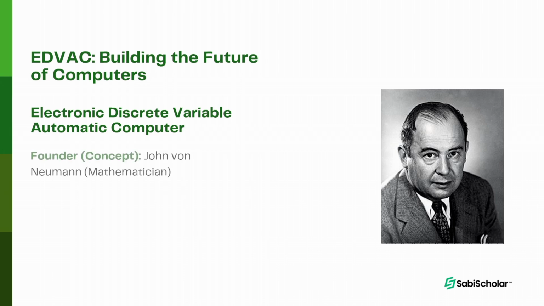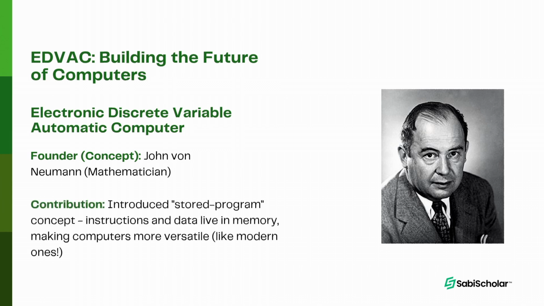So the founder is actually John von Neumann, who was a mathematician. And he's the one that founded the concept, not actually the one that made the machine itself. So what were the contributions that EDVAC was able to make? The EDVAC was able to store programs. Now, this was the first time that a computer was able to store the program.